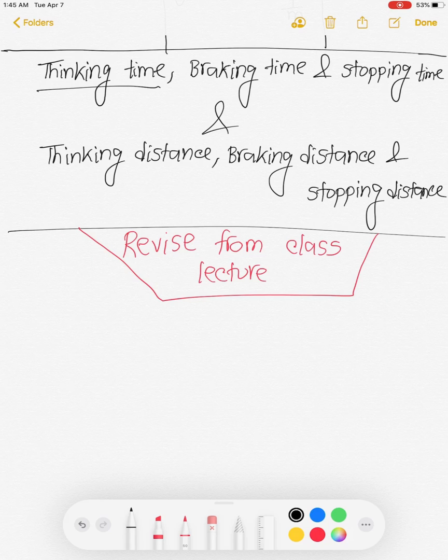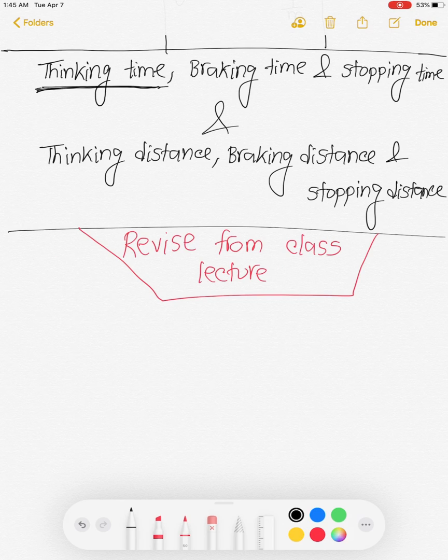So that was the thing that we actually had to study. And the factors we already discussed, like the factors for thinking time. What are the factors that will affect the thinking time of a driver? Like if he consumed any alcohol or not, if he is able to see clearly, like the visibility of the driver, then the mental tiredness of the driver.